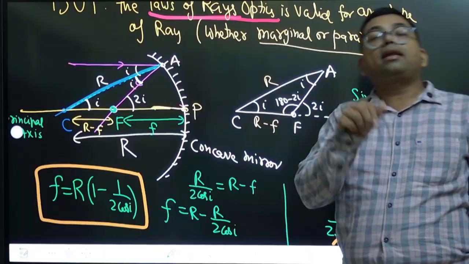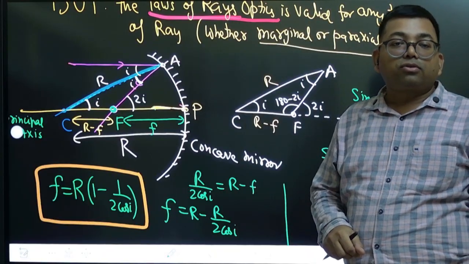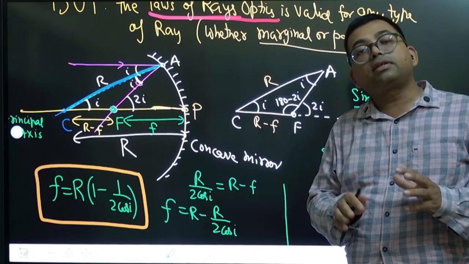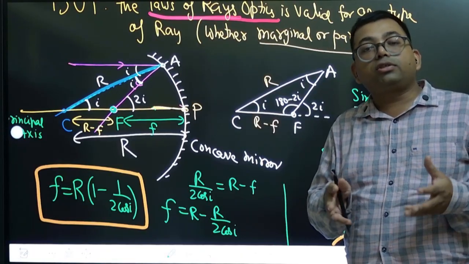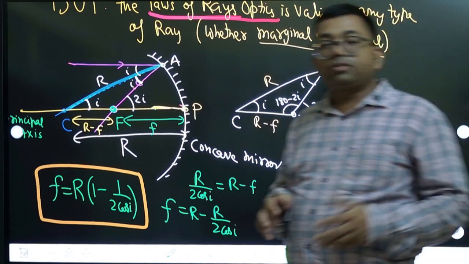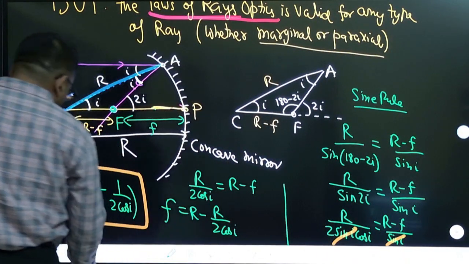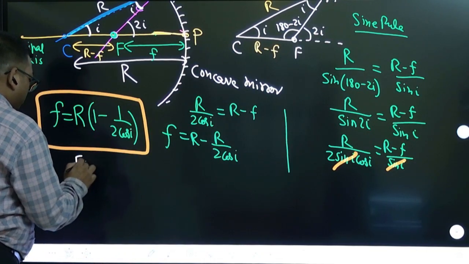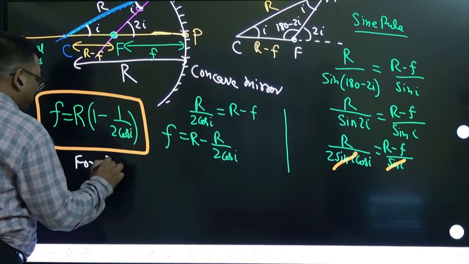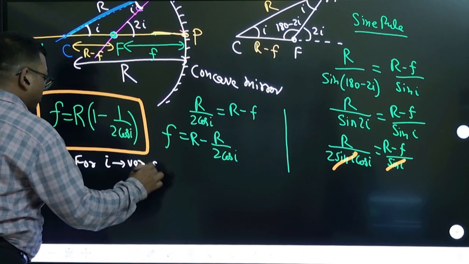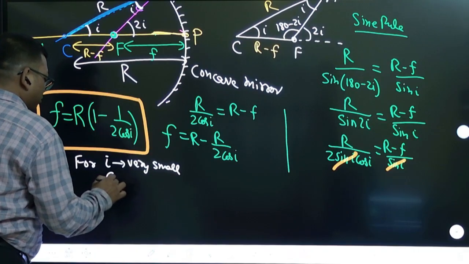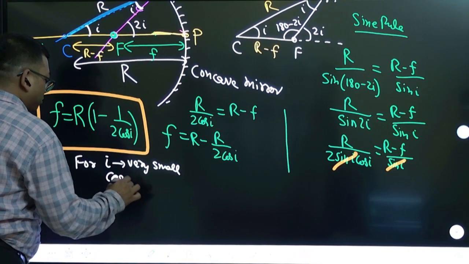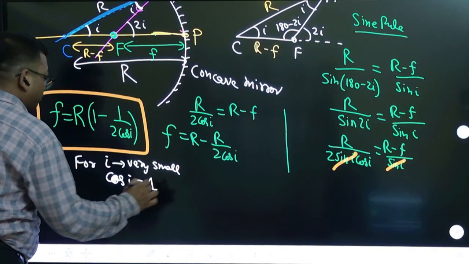Now suppose angle I is very small. If angle I is very small, cos I becomes 1, because cos 0 is 1, right? So you take the approximation for a small angle. For I very small, cos I becomes 1.